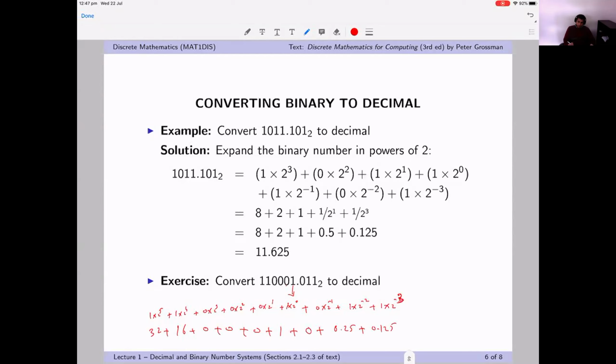So that would be equal to 48, 49, and that would be equal to 49 point, oh, what happened? 49 point, now you add them up and you would have 375. So this big number in binary is equal to 49.375 in decimal representation.